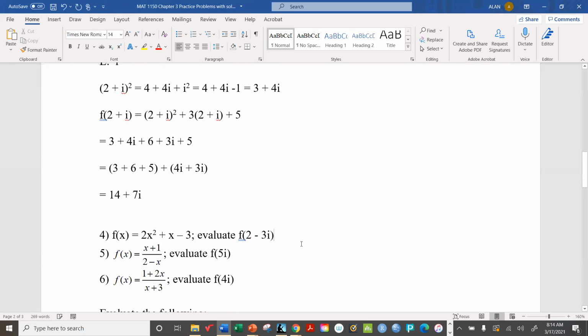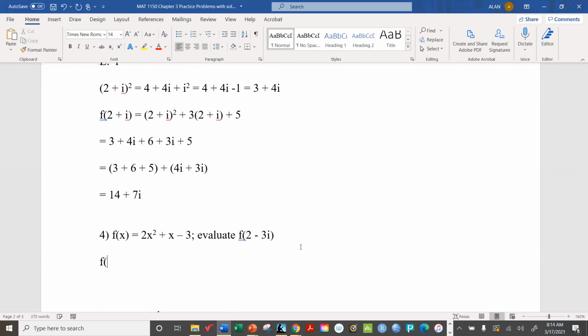All right. Now here's one. Again, we have to square one of these terms. f of 2 minus 3i is 2 times (2 minus 3i) squared plus 2 minus 3i minus x.